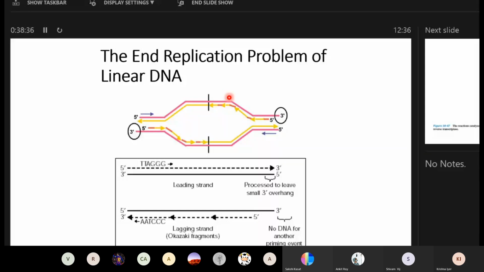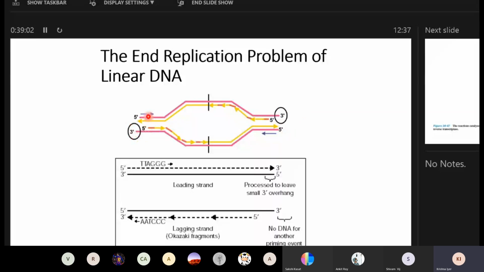Telomerase is an enzyme which helps take care of the problems associated with what we call telomeres. And what are telomeres? Telomeres are those sequences which are present at the end of these chromosomes, typically what we call the two ends of the chromosomes.